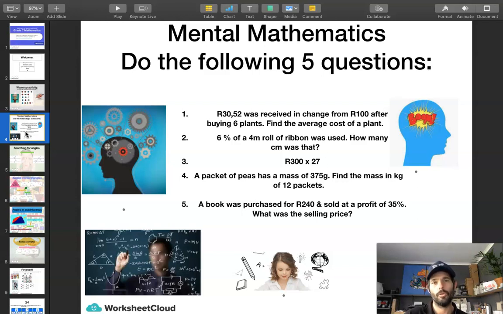Looking for you to use a particular strategy instead of doing a long multiplication sum. Question 4: a packet of peas has a mass of 375 grams. Find the mass in kilograms of 12 packets. And question 5: a book was purchased for 240 Rand and sold at a profit of 35%. What was the selling price? Off you go.